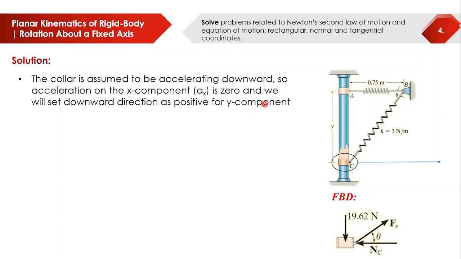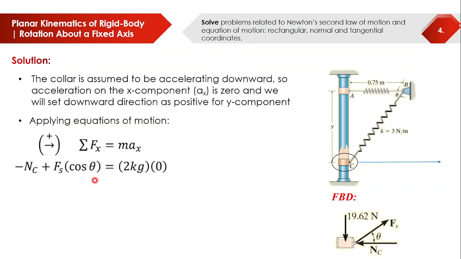So obviously we can predict that there is no x component of the acceleration here. We will set the downward direction as positive for the y component, since that is the movement of the collar after it is released. So apply the equations of motion. All forces along x will be equal to the mass times the acceleration along x.